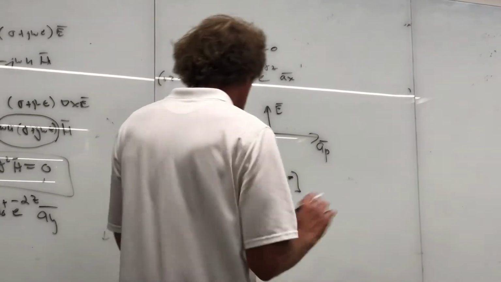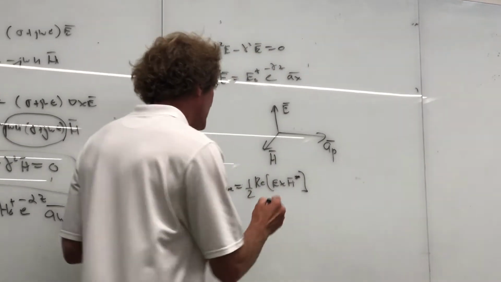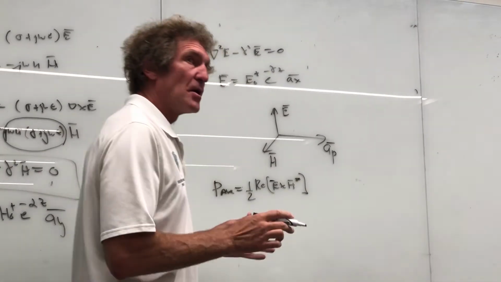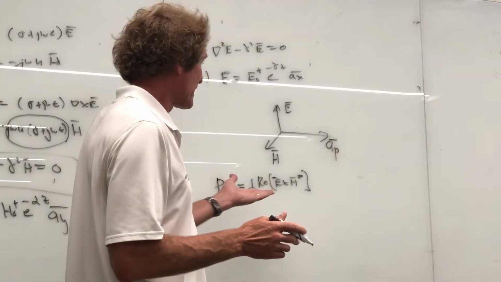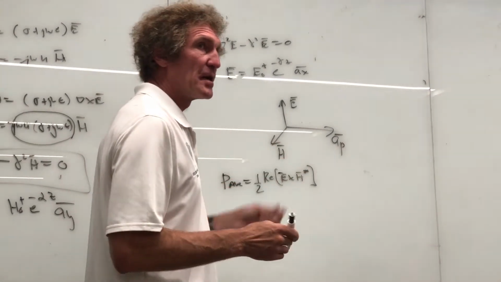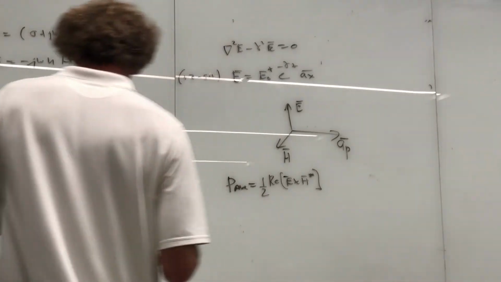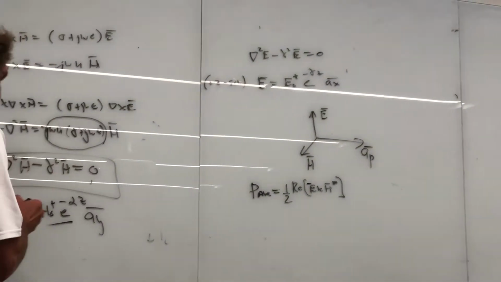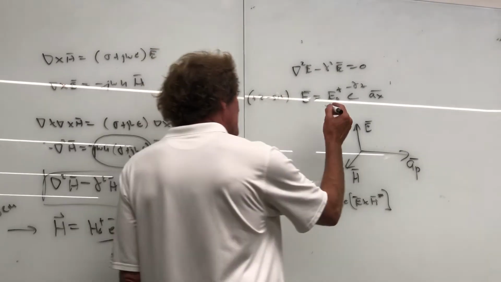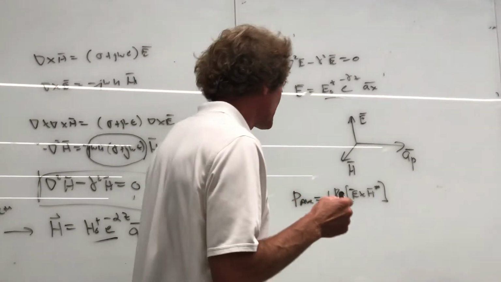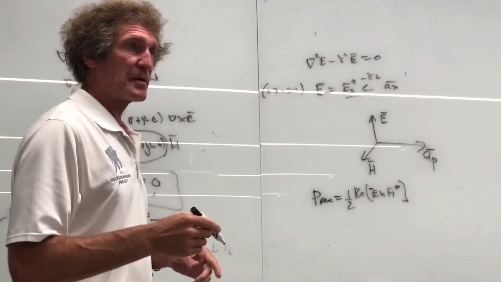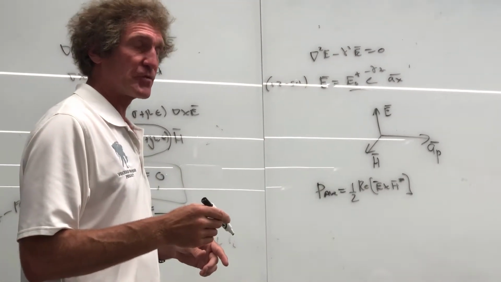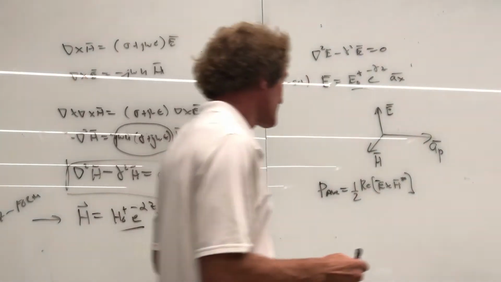Now, this will come down to, when you have E crossed H conjugate, you're going to find this out, but let me put it to you this way. If this is my H field and this is my E field, when I cross them into each other, I get AX cross AY or AZ. Do you follow me on that? So the direction of energy transfer would be in the Z direction. I can write this out.